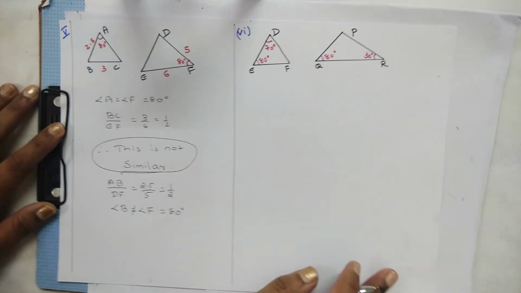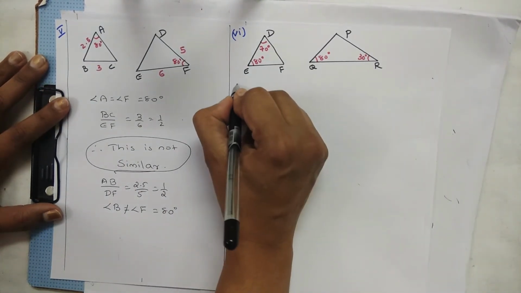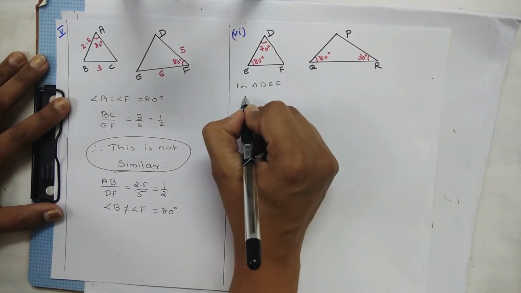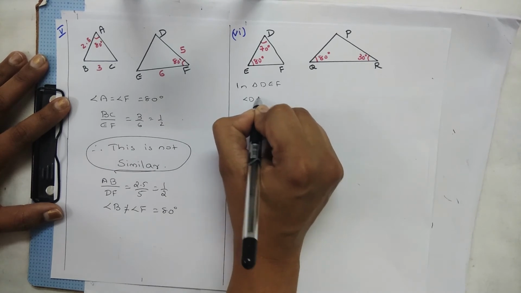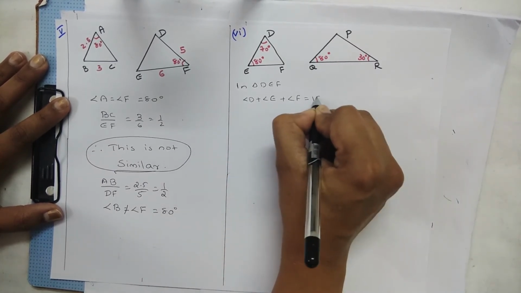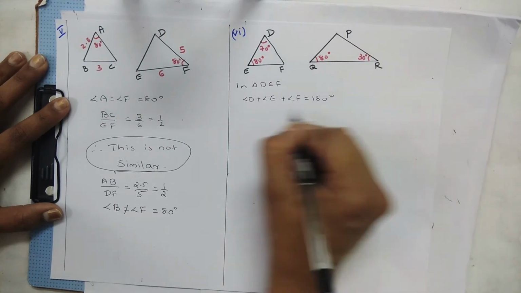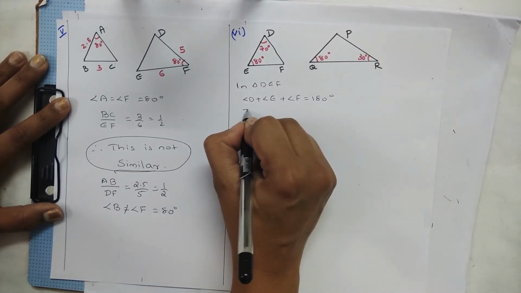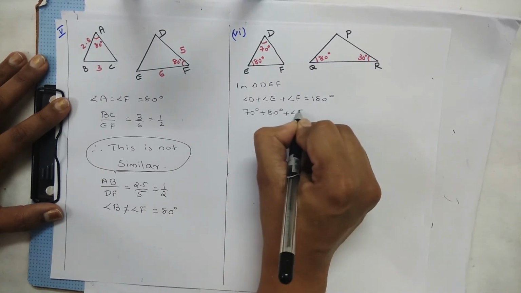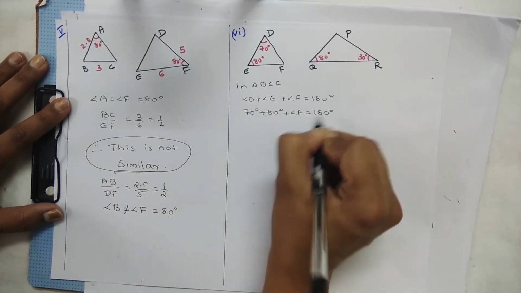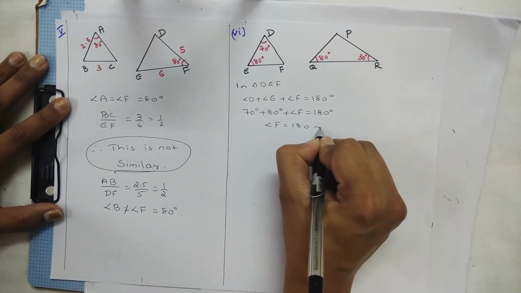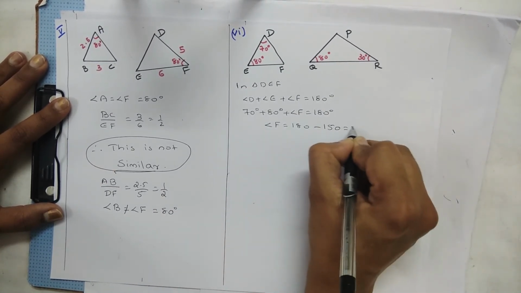Now, the next one, in triangle DEF you consider. In triangle DEF, I am going to add angle D plus angle E plus angle F is equal to 180 degree. Angle sum property of triangle. So, angle D is 70 degree plus 80 degree plus angle F is equal to 180 degree. That means angle F is equal to 180 minus 150, that is 30 degree.